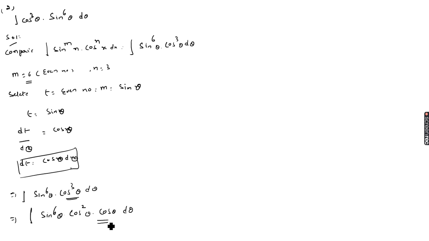We separate one cos because we need cos theta into d theta, which can be written as dt.